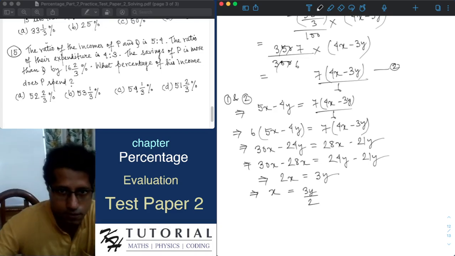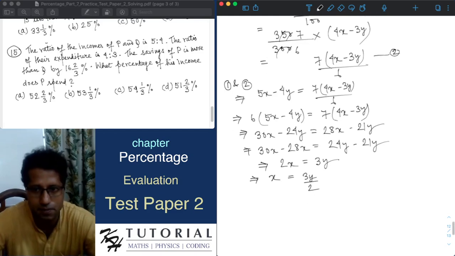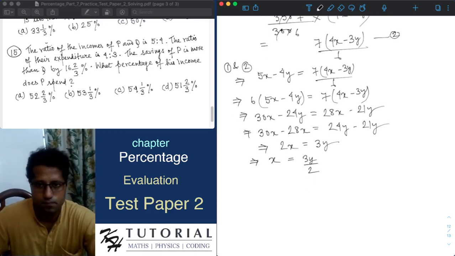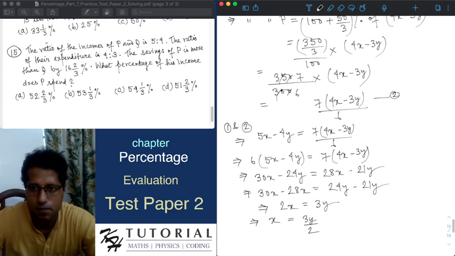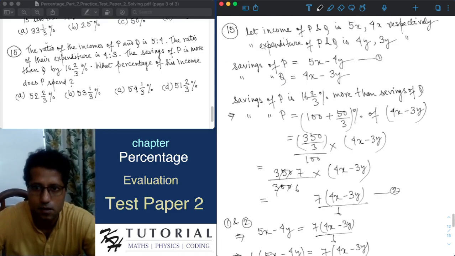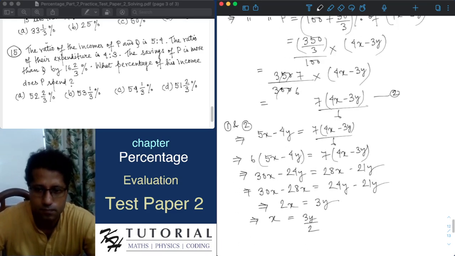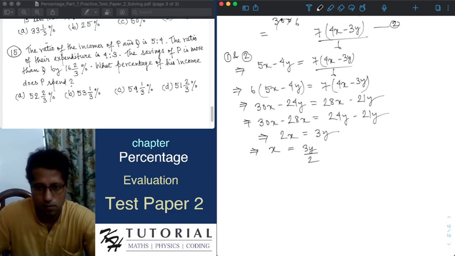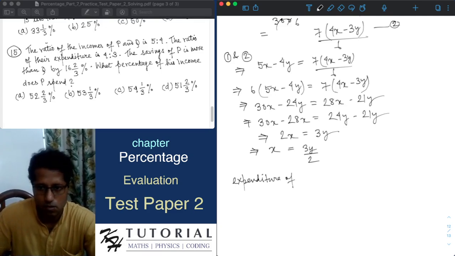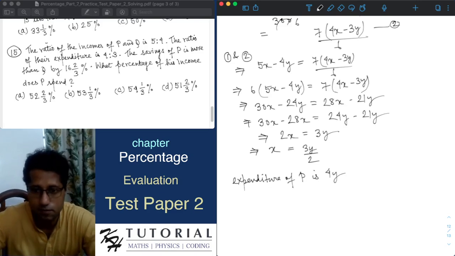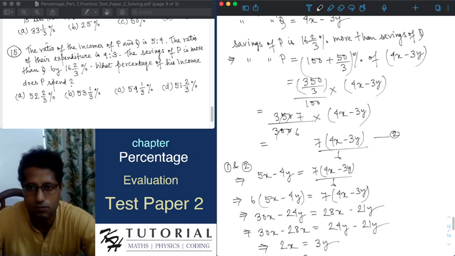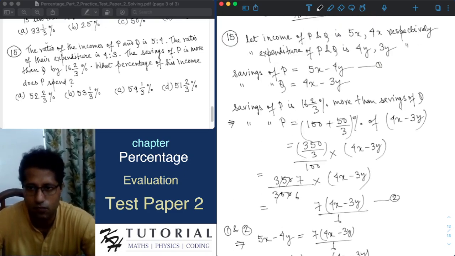Now it is asking what percentage of his income does P spend. So what does P spend? Expenditure of P is 4y. This is as per the assumption at the beginning. We already assumed that the expenditure of P and Q is 4y and 3y.